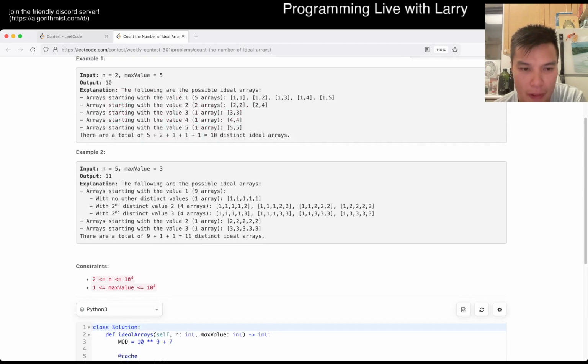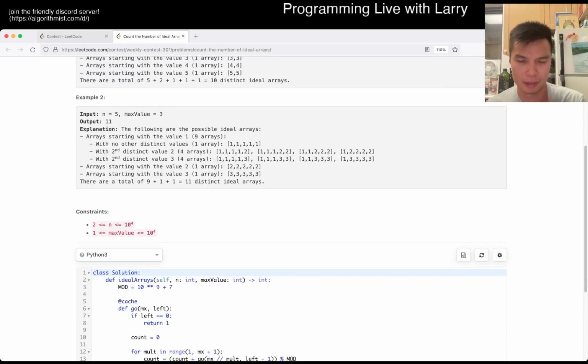Okay, let's think about it backwards. 10,000 array elements. We look at the previous one. That's still going to be 10 to the 4th square though. I don't know how that's faster.